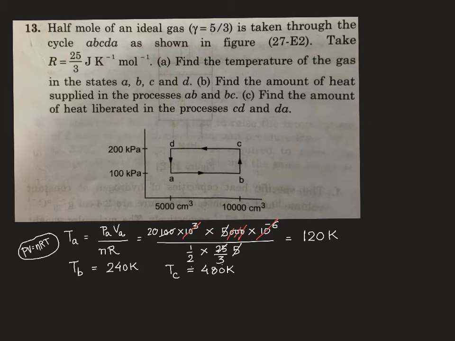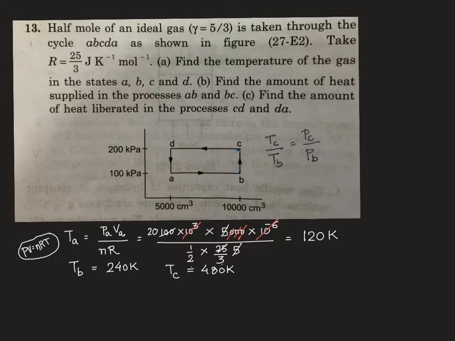In this short way, you can compare temperature between B and C. Temperature of C divided by temperature of B is pressure at C divided by pressure at B, because volume is constant.